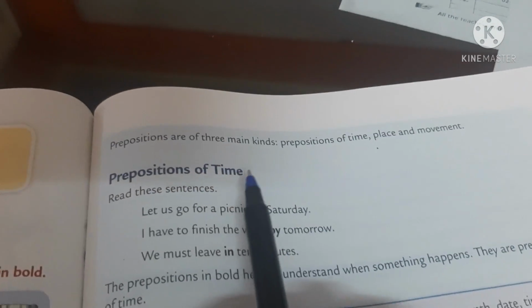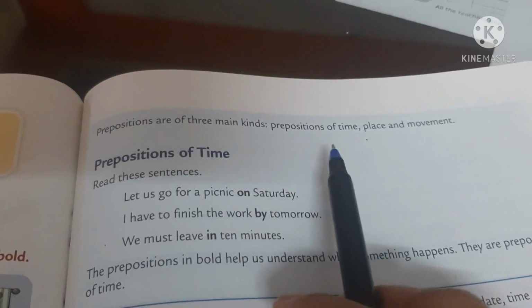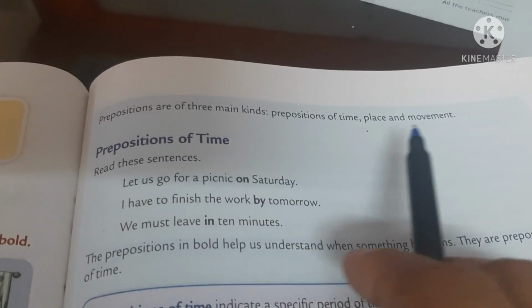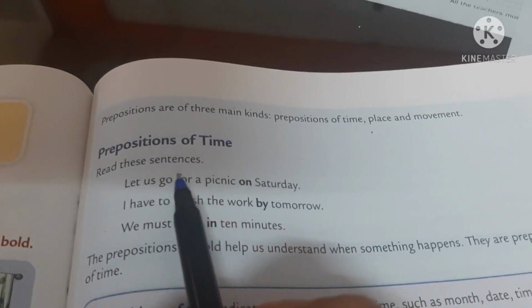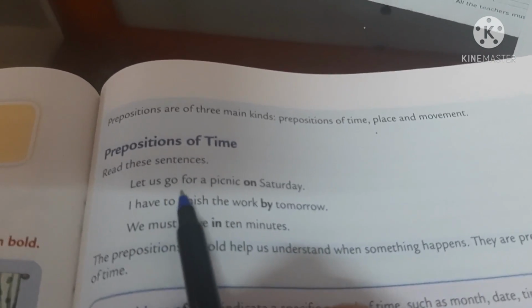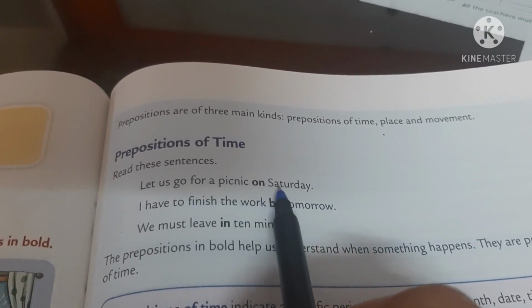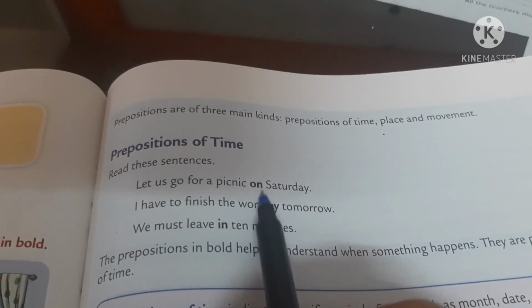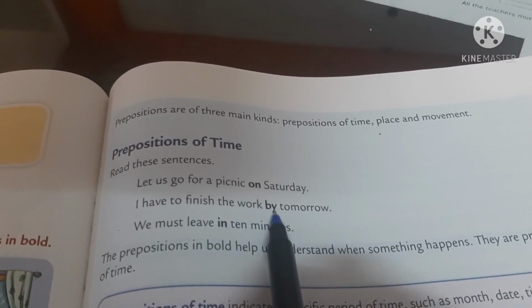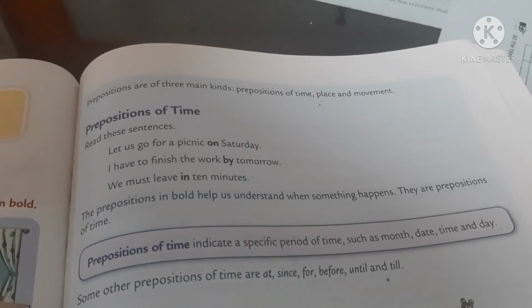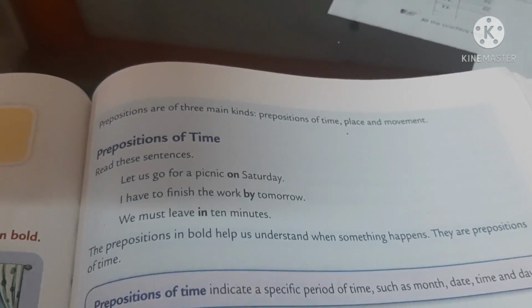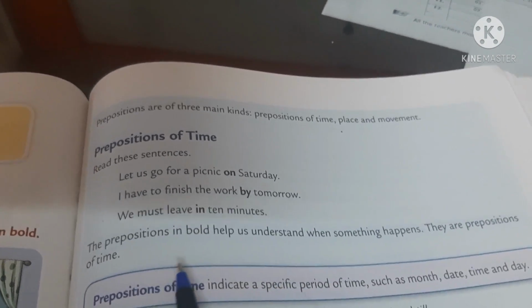Now prepositions are of three main kinds: preposition of time, place, and movement. Now preposition of time. Let us go for a picnic on Sunday. On. I have to finish the work by tomorrow. By. We must leave in 10 minutes. In.